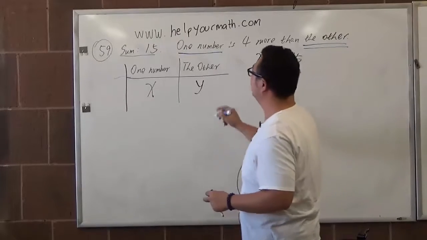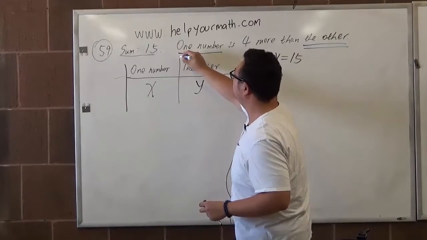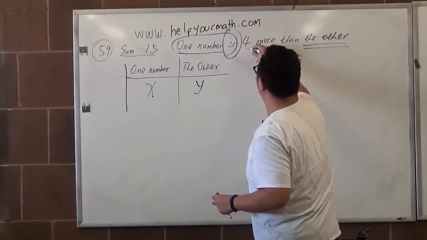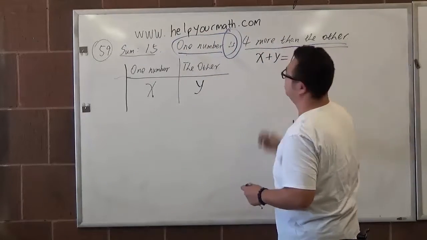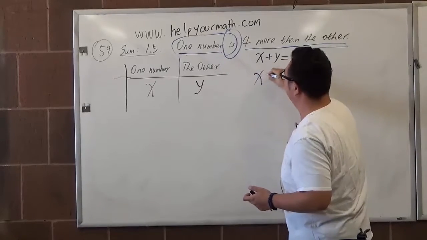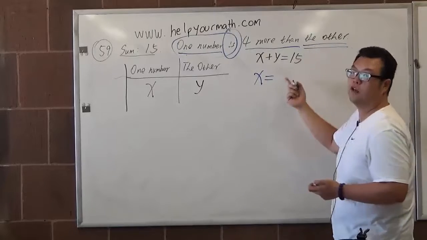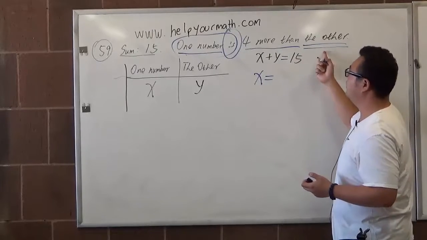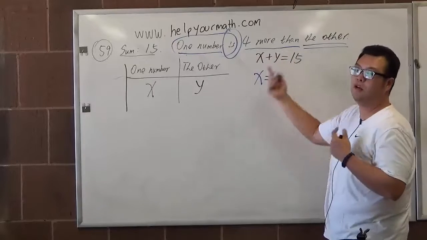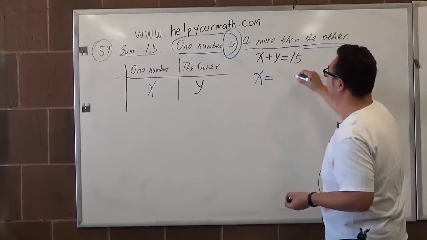The second equation: we have one number is 4 more than the other. This x is 4 more than your other number.